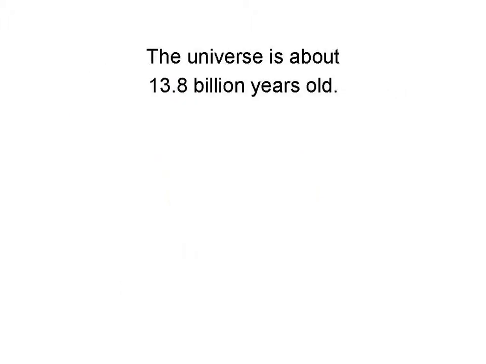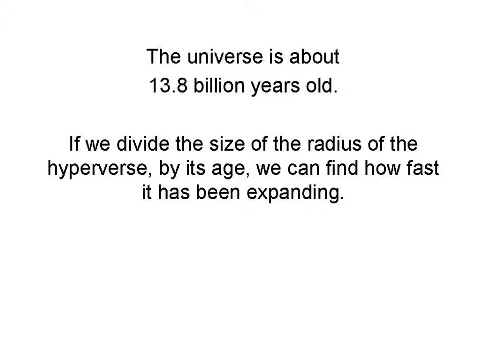The universe is about 13.8 billion years old. If we divide the size of the radius of the hyperverse, r sub h, by the age of the universe, we can find out how fast it has been expanding.